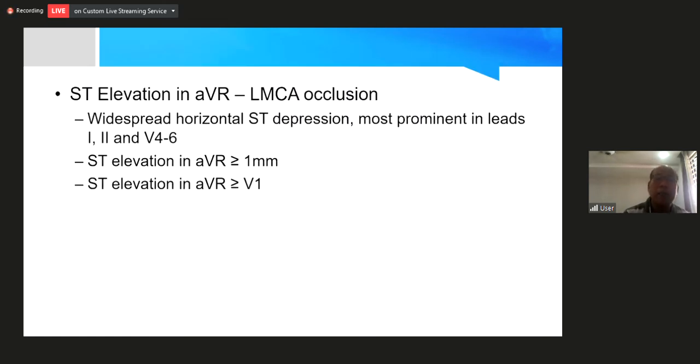Another thing is ST elevation in aVR, which indicates that probably the patient has left main occlusion, with widespread horizontal ST depression, or ST elevation in aVR of more than 1 millimeter, and also in V1. Next slide.